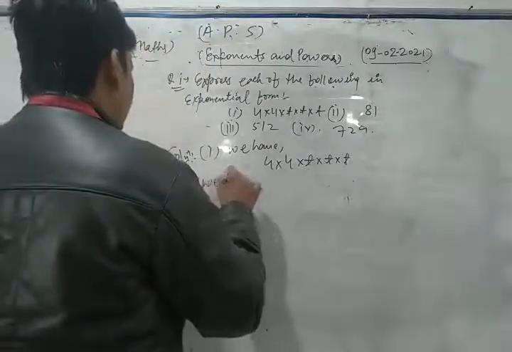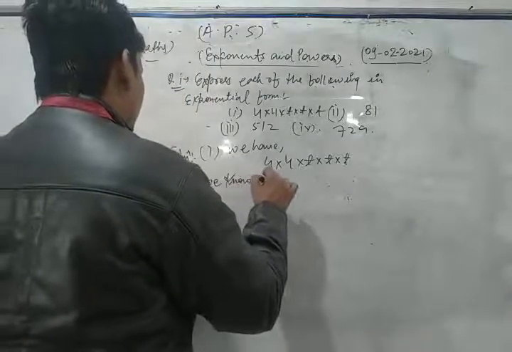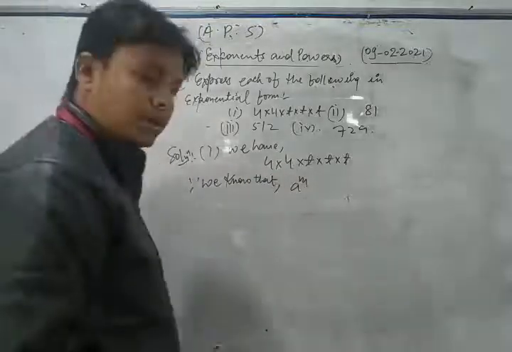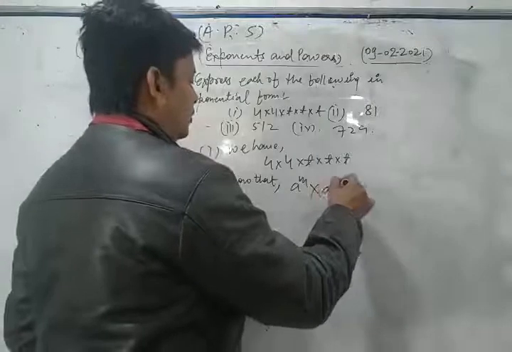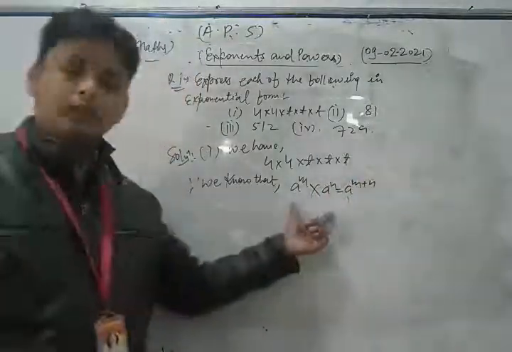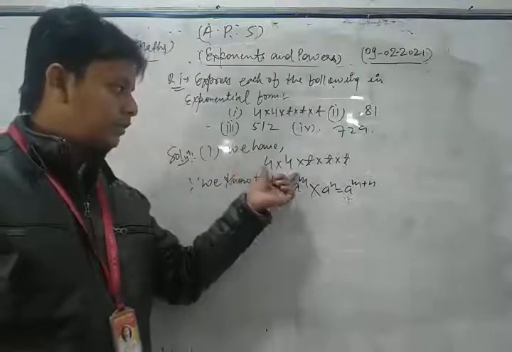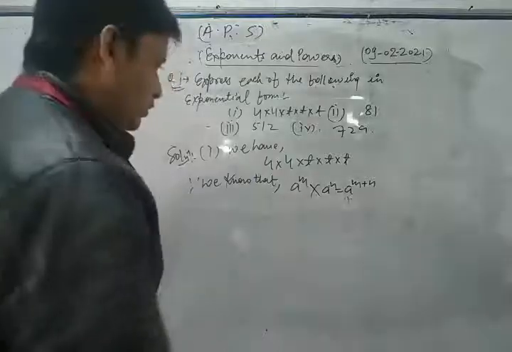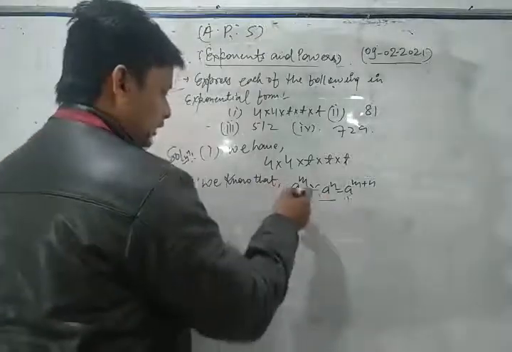Since we know that a to the power m into a power n is equal to a power m plus n. We just discussed that law of exponents. So in that question, we apply this law of exponents. So if we use that law, then we get what?